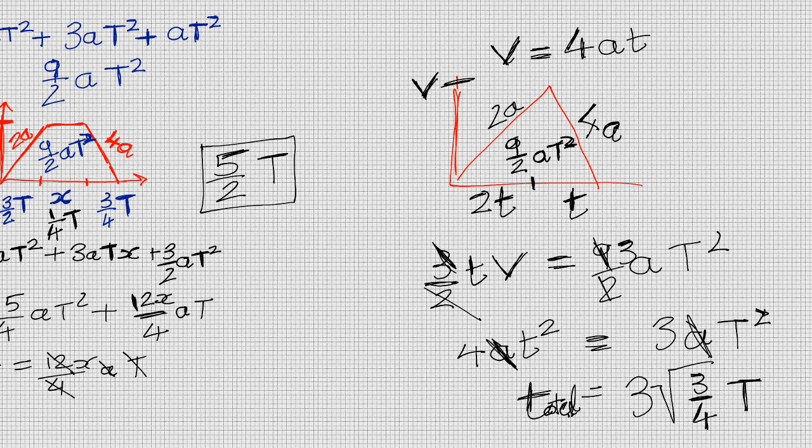Now, to make sure this makes sense, we should calculate the v. The v is 4at, and then the t, the small t, is root 3/4, the capital T.